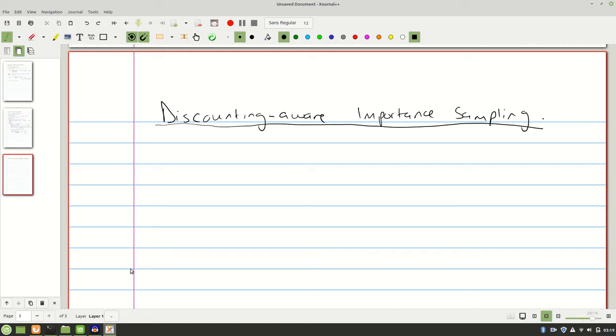Okay, so far when we're looking at importance sampling, we were forming our importance sampling weights for returns, considering them as unitary wholes. And this can actually lead to a lot of variance in our off policy estimators.